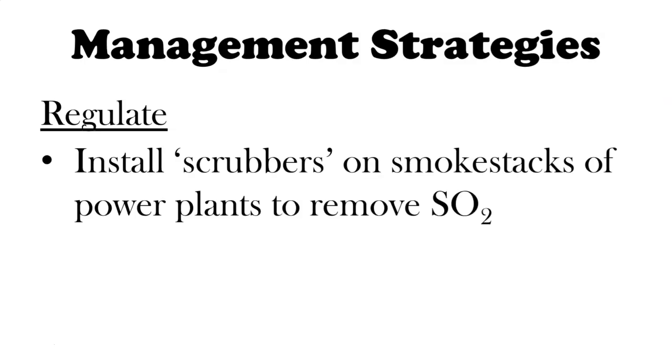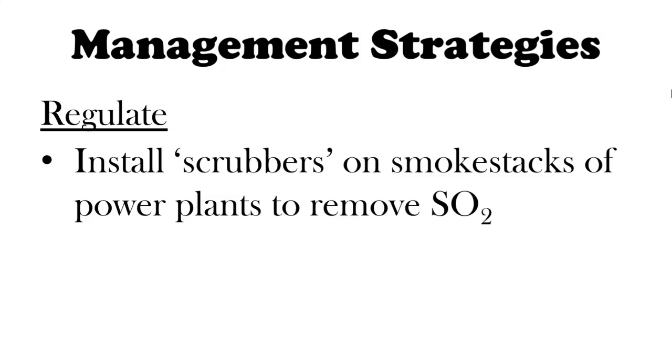And now we're going to take a look at ways to regulate the emission of SO2 and NOx molecules. We're going to begin here by talking about scrubbers, which can be installed at the top of those damaging smokestacks from coal-fired power plants. And these are machines that can actually trap the sulfur dioxide particles as they are released in the gases that are emitted from the top of smokestacks.